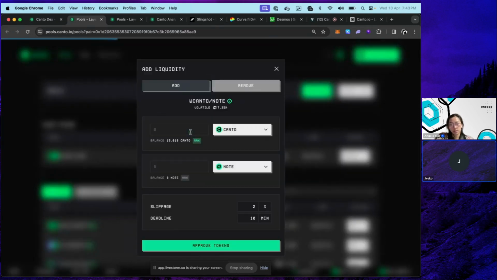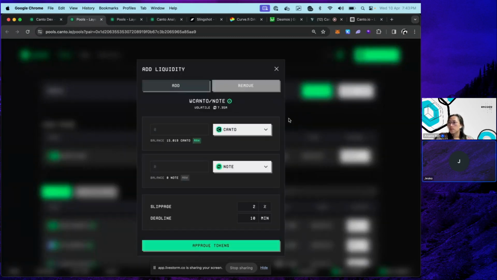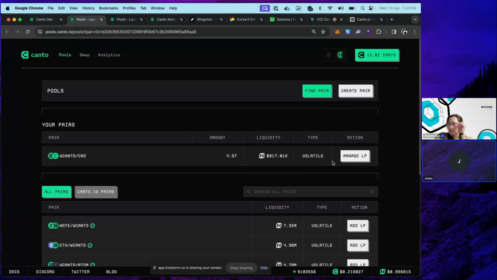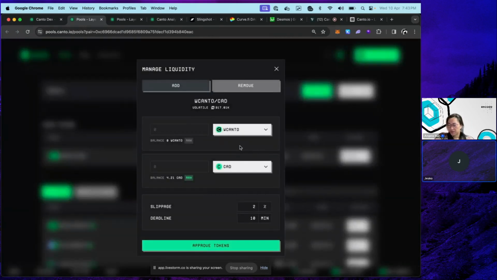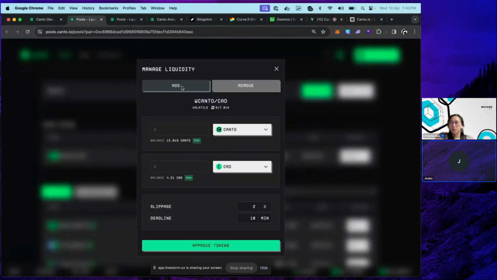Here I can find Canto, and then I have some Cadence in my wallet, so I can look for Cadence. One second. Yeah, I think we can simply click here. Here we can see that this is a simple modal to add and remove liquidity.